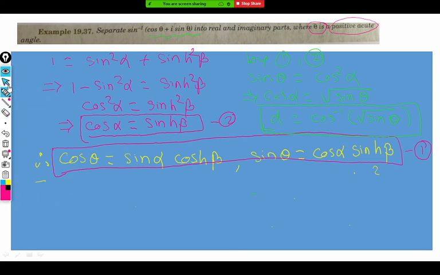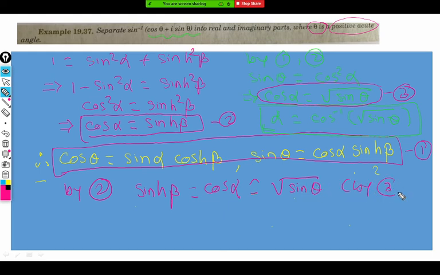So by 2 we have sine hyperbolic beta is cos alpha, and that is equal to, by 3, root sine theta. So beta is sine h inverse of root sine theta, and that is the imaginary part. This is the end of the question.